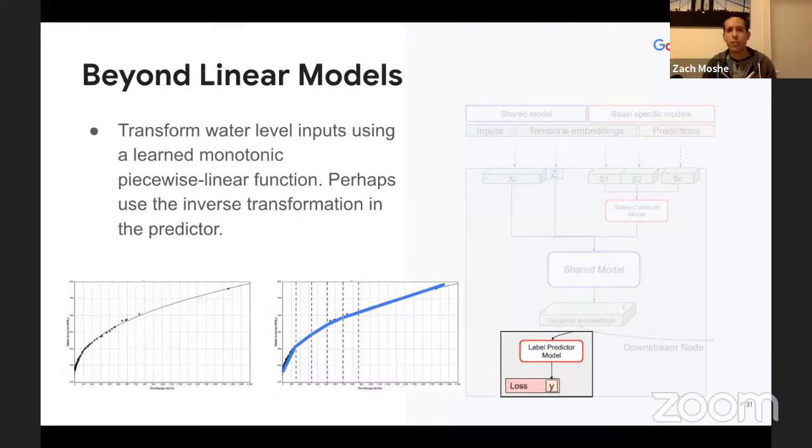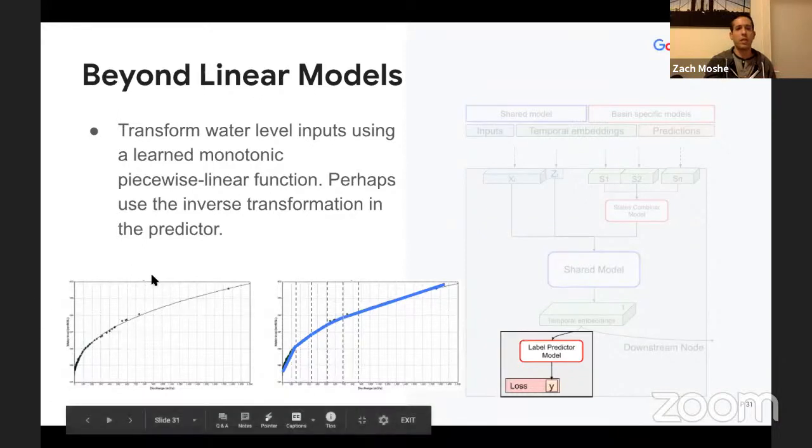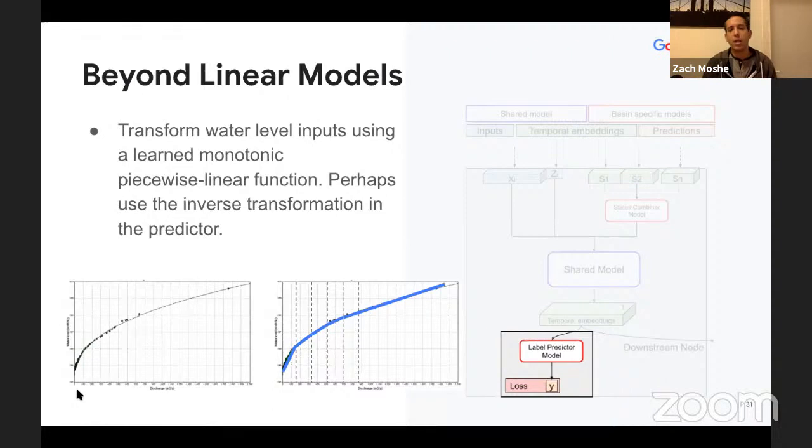So in hydrology, there is something called the rating curve, similar to what you can see here, that basically translates from the discharge over the x-axis to the water level, and that's normally a monotonic increasing function.